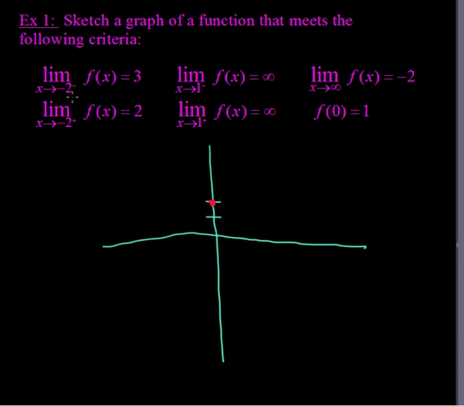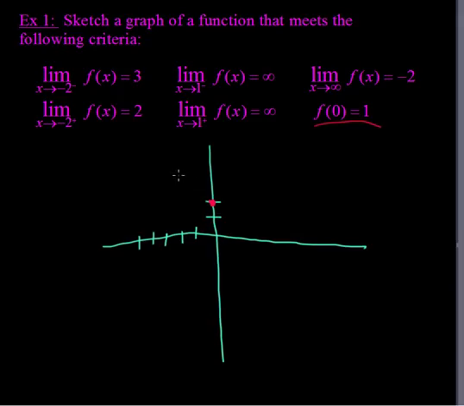Now I look at this and I realize it's generally going from the left to the right, with the exception of this one, which we've already taken care of. So let's say as x gets closer and closer to negative 2 from the left, sorry for the really jagged lines here.